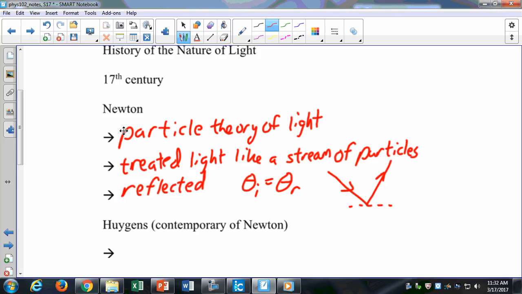So like I have a mirror here, it's a laser. If I shine this onto the mirror, it's pretty easy for me to measure the angle over which this light is reflected, because I know the angle that it's coming in, and then I know the angle it's coming out. I can find that theta I is equal to theta R.